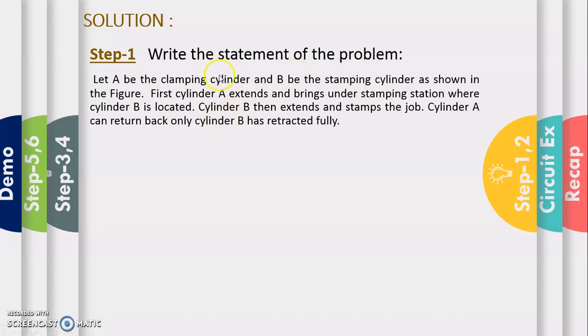So here you just see, the first cylinder A extends and brings the soap under the stamping station where cylinder B is located, so that the conveyor makes the soap move from one point to another point. There it has to stop, and cylinder A will make the soap move towards cylinder B, and once cylinder A extends, cylinder B will extend and do the stamp operation.